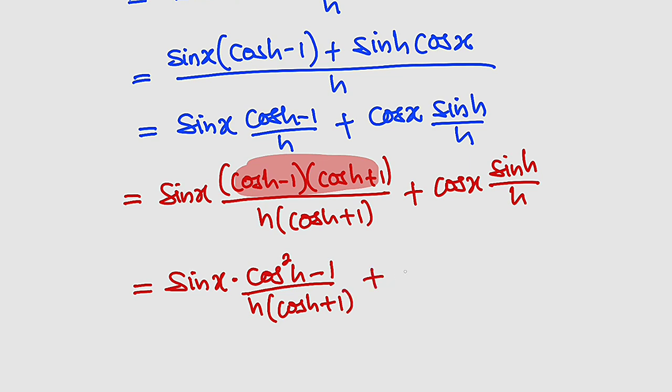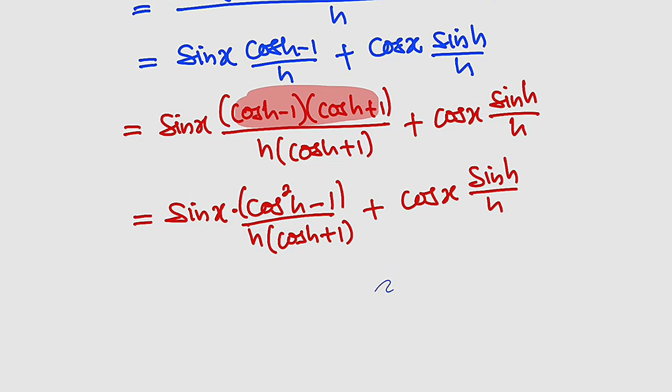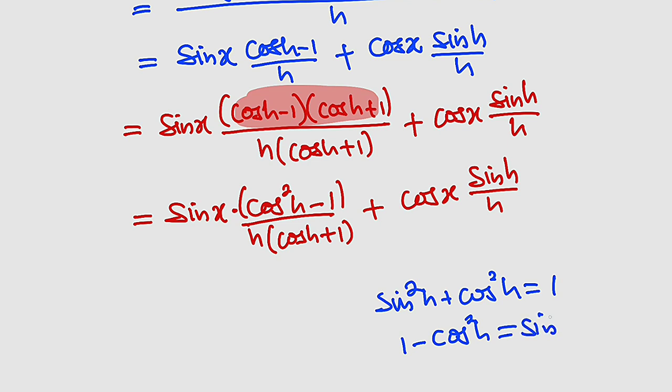Then we still have plus cos x sine h divided by h. We have a bracket here. And you should remember that sine squared h plus cosine squared h is equal to 1, and therefore 1 minus cosine squared h will be equal to sine squared h.